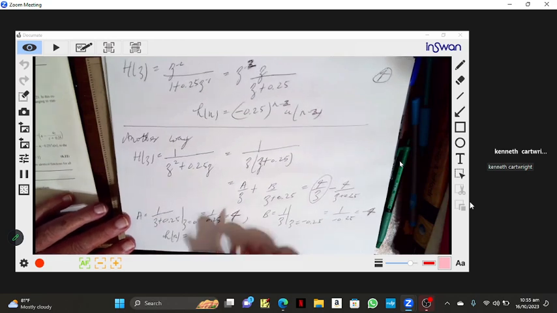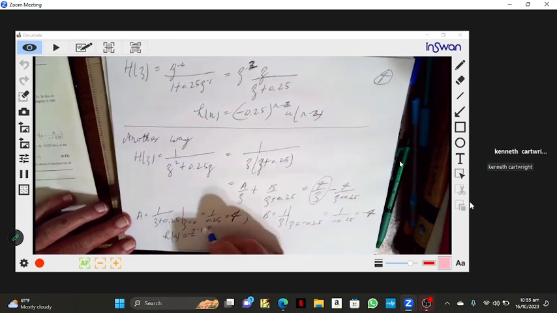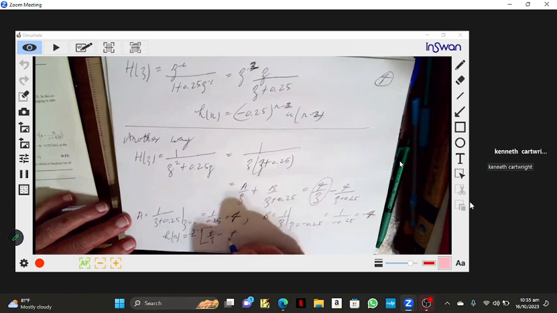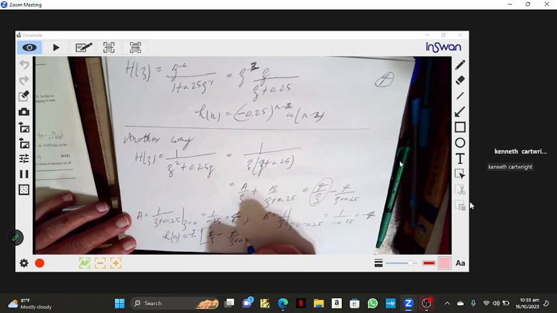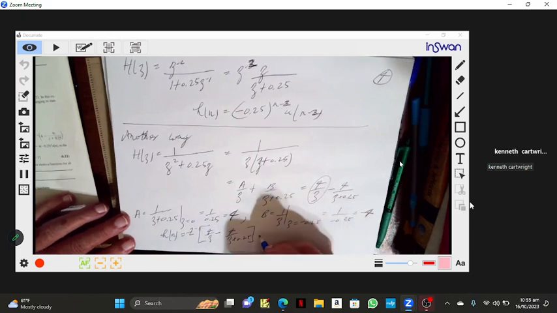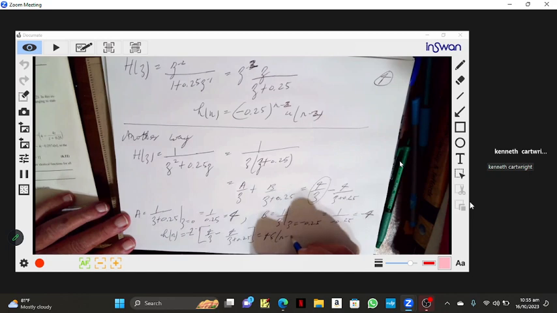okay, is the inverse z of 4 over z minus 4 over z plus 0.25. Okay. And we discussed this. The first one is 4 delta of n minus 1.